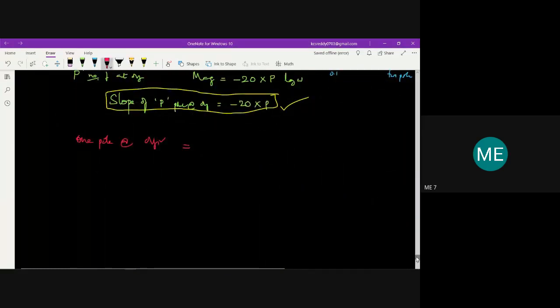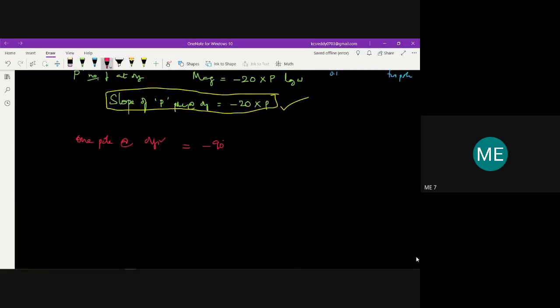So one pole at origin, minus 90 degrees is the phase angle. Two poles at origin will be getting minus 180 degrees as the phase angle. Three poles at origin, then we'll be getting minus 270 degrees.